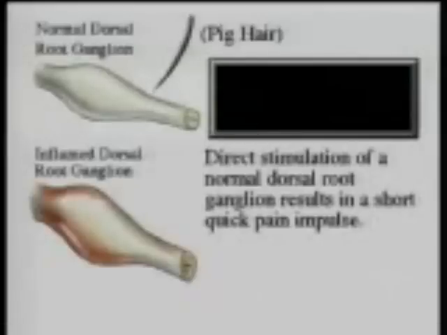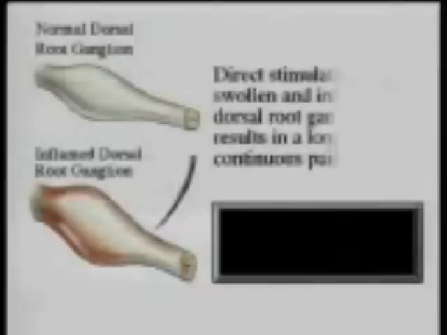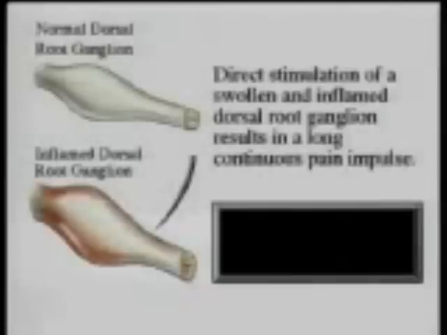If the inflamed dorsal root ganglion is stimulated in a similar manner, there is long, continued nociception constantly being produced by the dorsal root ganglion to the brain.